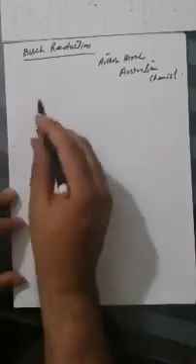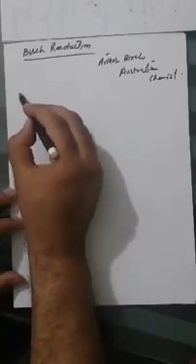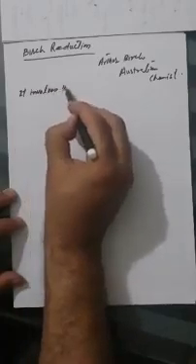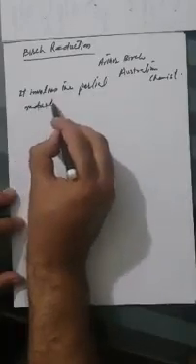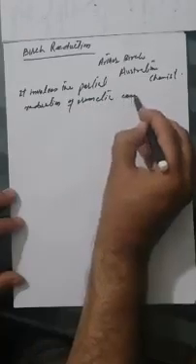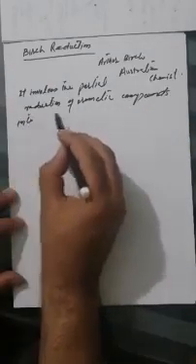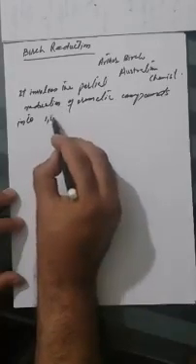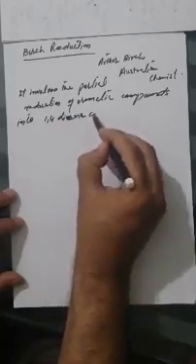What is this about? The Birch reduction involves the partial reduction of aromatic compounds into 1,4-diene compounds.